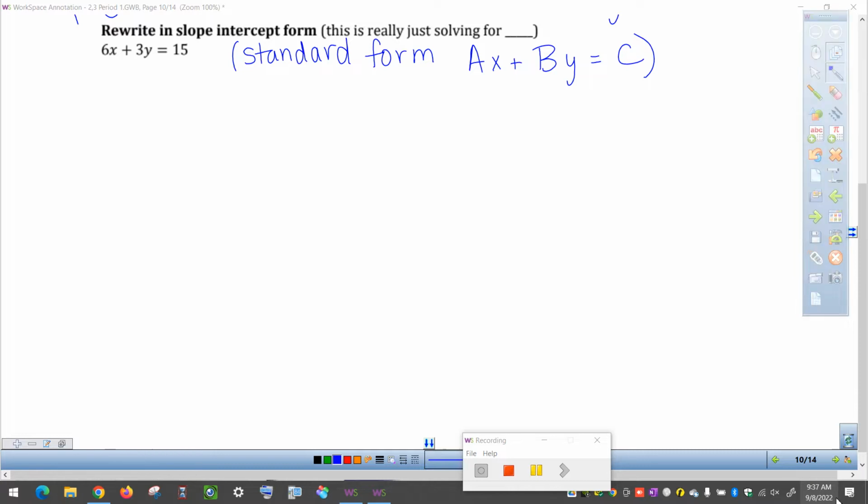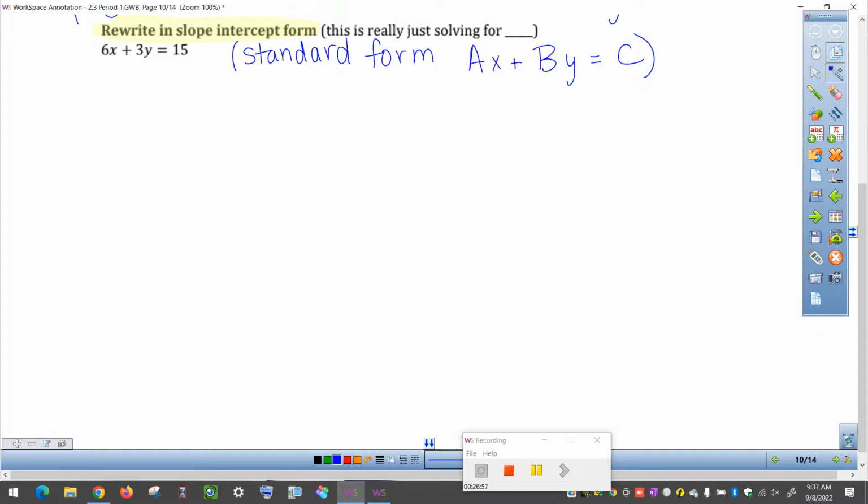Eventually, in order for us to graph, we need to be able to identify the slope and the y-intercept. Those are the two pieces that are going to help us to graph. And so if we have something that's in a different form, we will have to do a step at the very start to get it in slope-intercept form so that, for example, we could graph it.